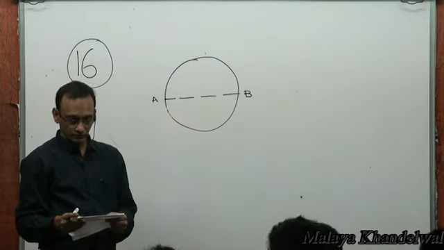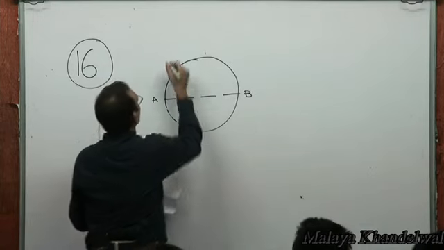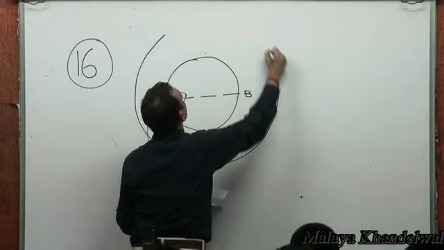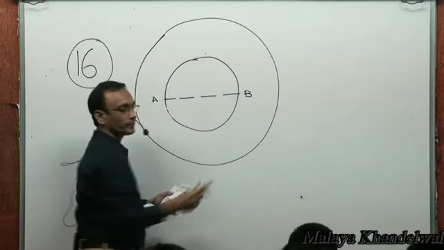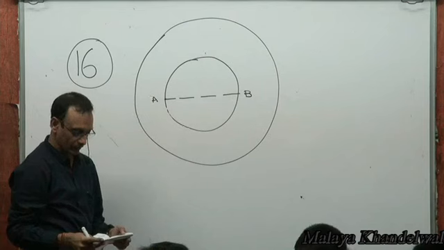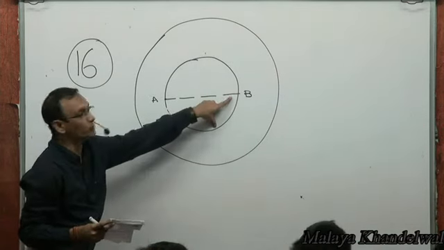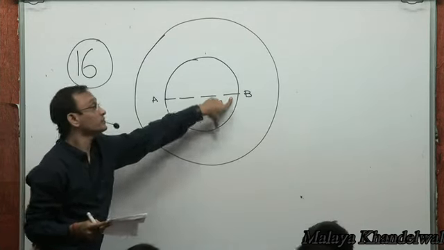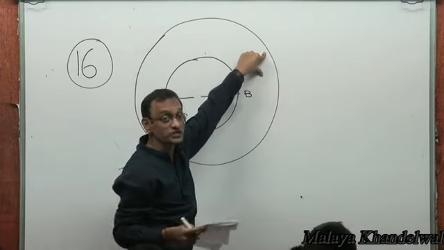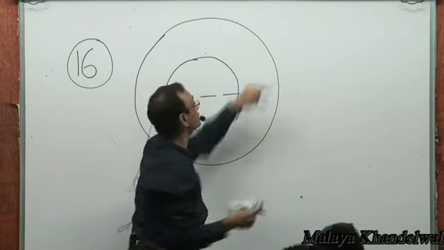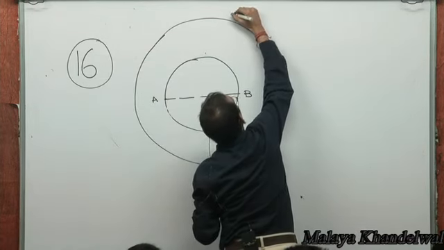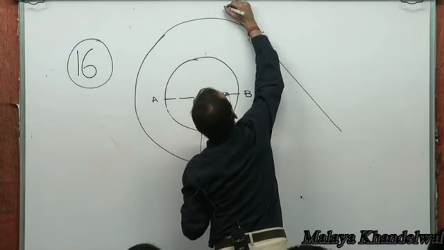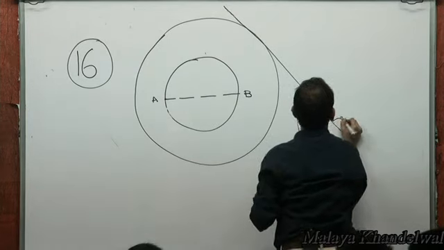And this is concentric with a circle of radius B. The parabola that is known to pass through A and B has its directrix, which is a tangent to this. Clear? This tangent to this circle is the directrix of the parabola.